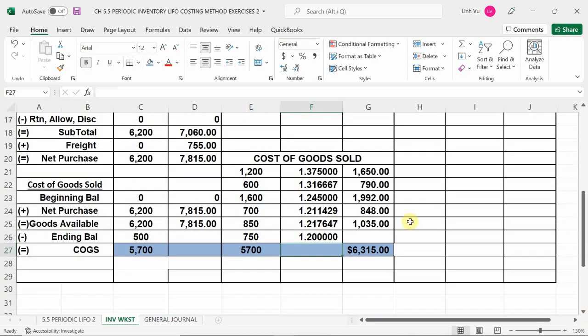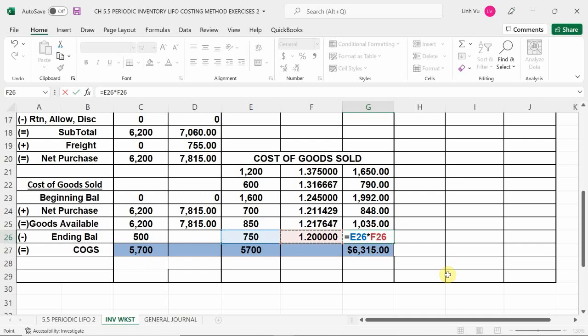So in this case, how much is it going to cost me to sell 750 units at $1.20? $900. It's going to give you $900.